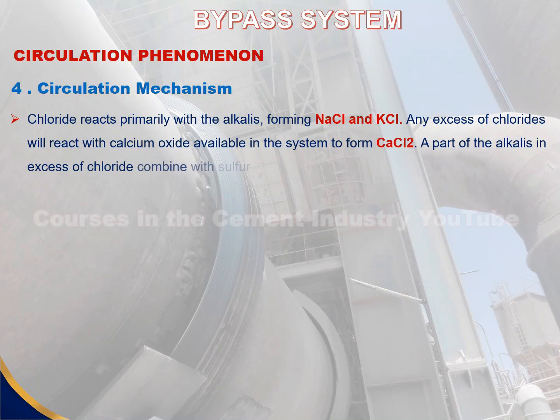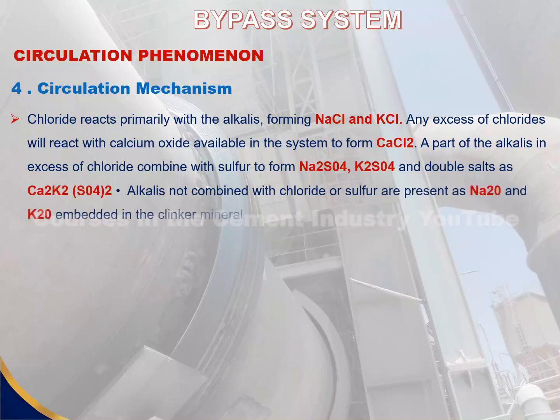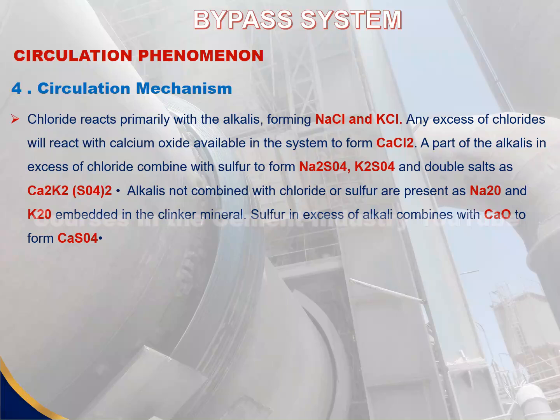A part of the alkalis in excess of chloride combine with sulfur to form Na2SO4, K2SO4, and double salts as Ca2K2(SO4)3. Alkalis not combined with chloride or sulfur are present as Na2O and K2O, embedded in the clinker mineral. Sulfur in excess of alkali combines with CaO to form CaSO4.